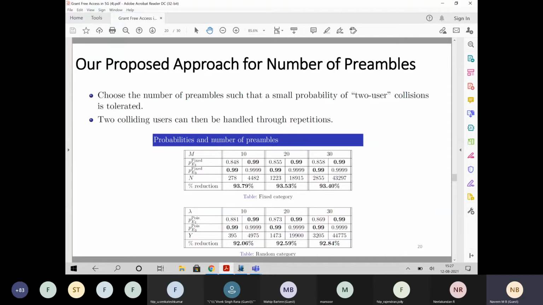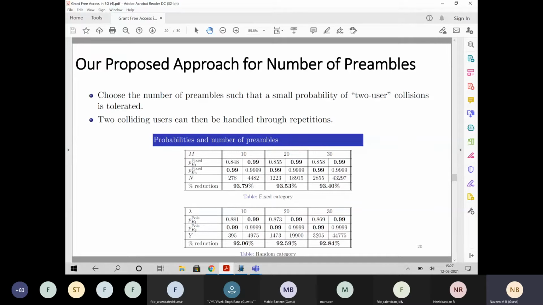That is, if you have 10 users, 99% of the time, 8, 9 or 10 are successful. If you just make that small change in your design, the number of preambles required reduces from 4,482 to just 278. It's a huge 93% reduction in the number of preambles. Now everyone will jump, right?